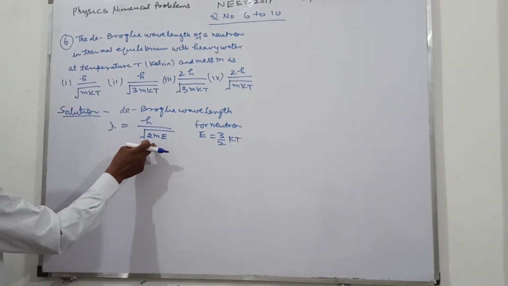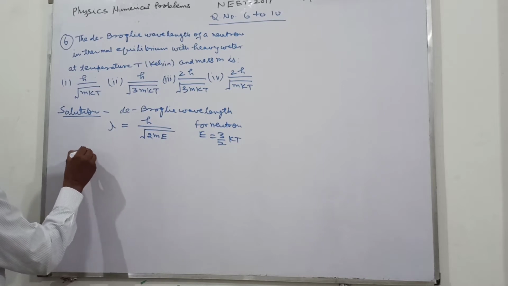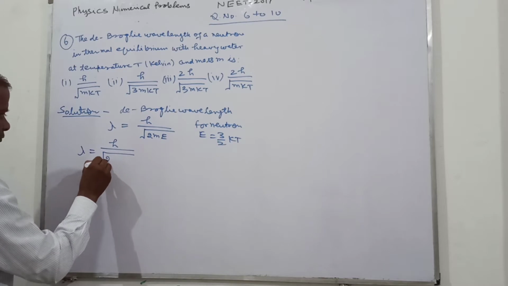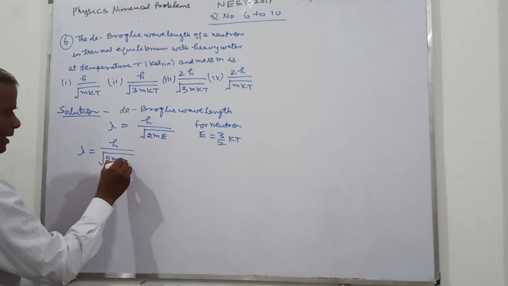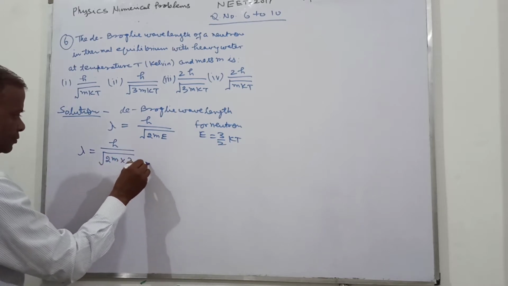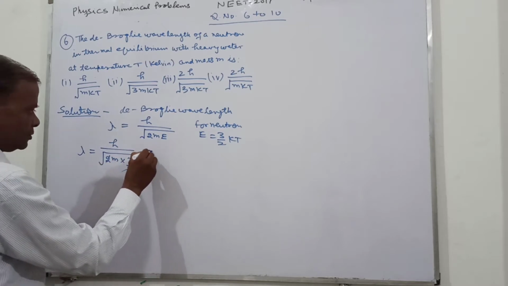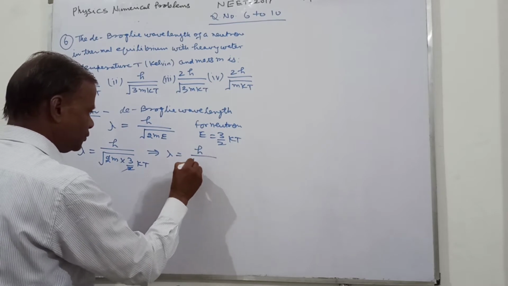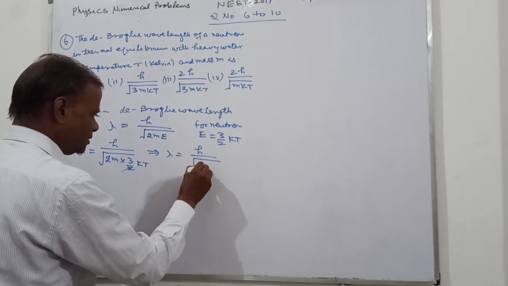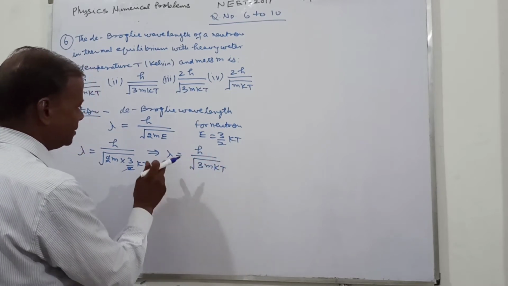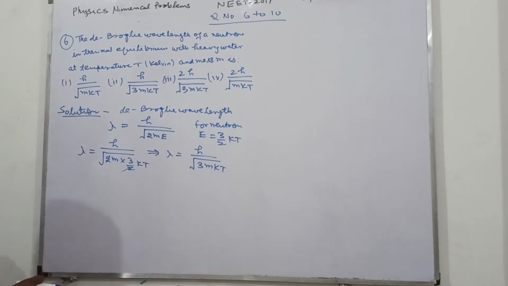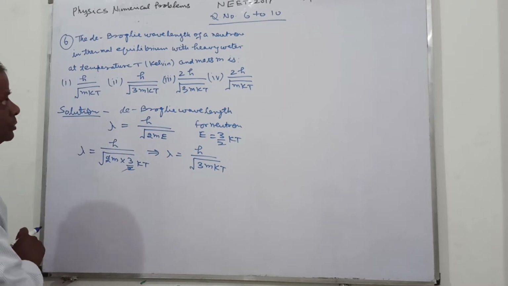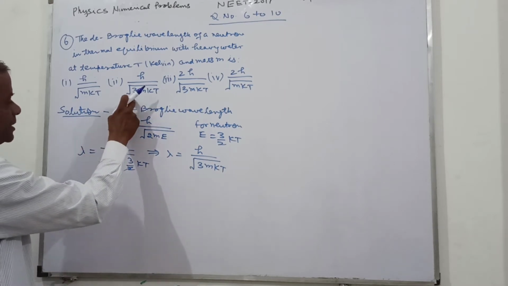Now if you put this value, lambda will come out to be h upon square root of 2m times 3 by 2 kT. The 2 and 2 will cancel, so you will get lambda equal to h upon square root of 3mkT. This is the wavelength of a neutron at temperature T. So the right option is the second one.